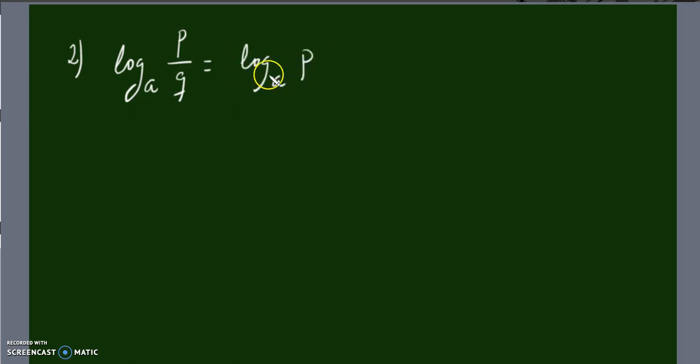So the order is logarithm of p with base a minus logarithm with base a of q. Start with the numerator minus the logarithm of the denominator, not the other way around. So this is the second property.